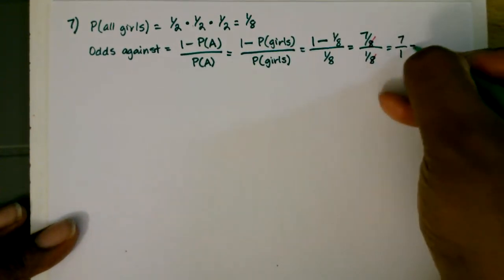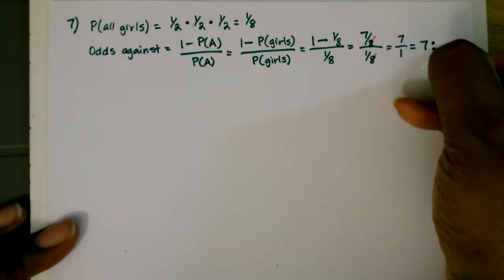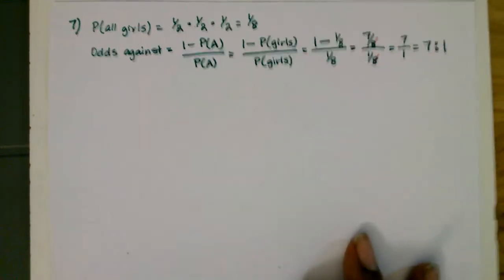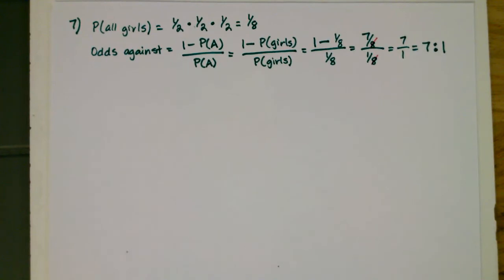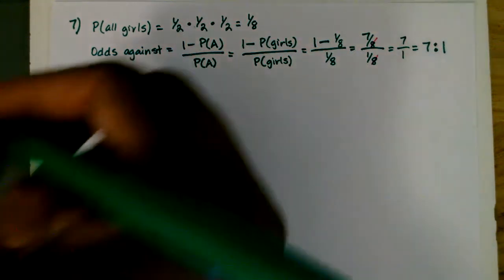Now we have to write this as a ratio, like this, as 7:1 for odds. So the odds against having all 3 girls, if a family plans to have 3 children, will be 7 to 1. Okay, so that's problem number 7.